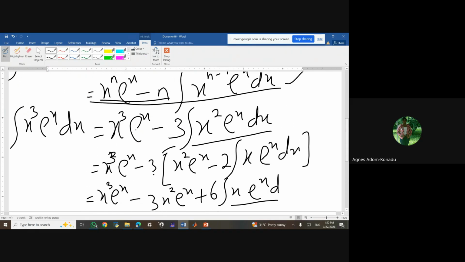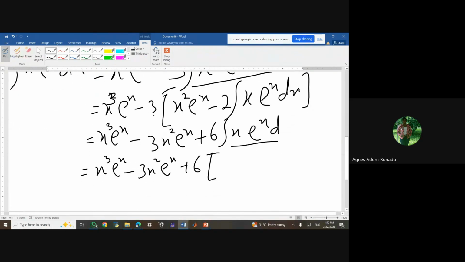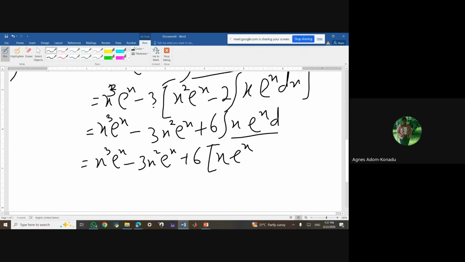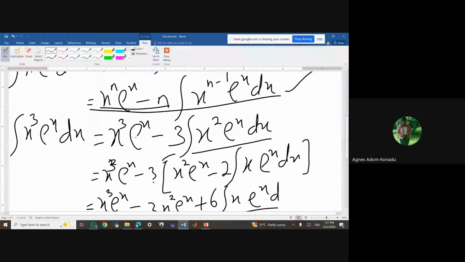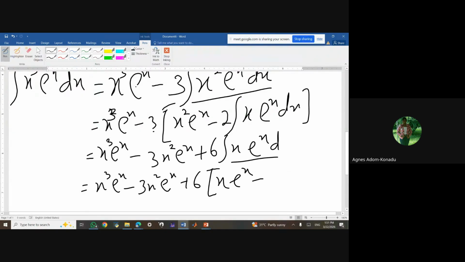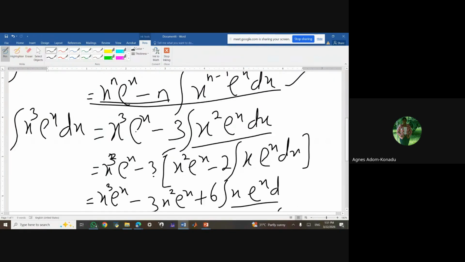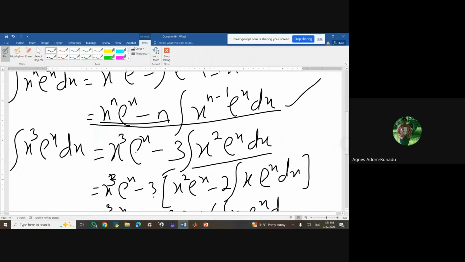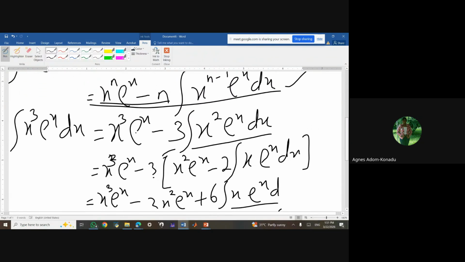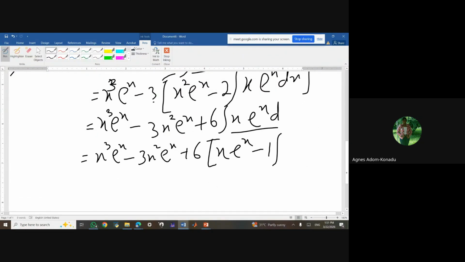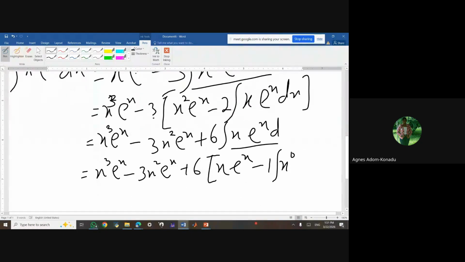So the formula is x to the power n, which is my x, and then my e to the power x, which is e to the power x, minus, my n is 1, so 1 integral of x to the power n minus 1, which is 1 minus 1, x to the power 0, then e to the power x dx.